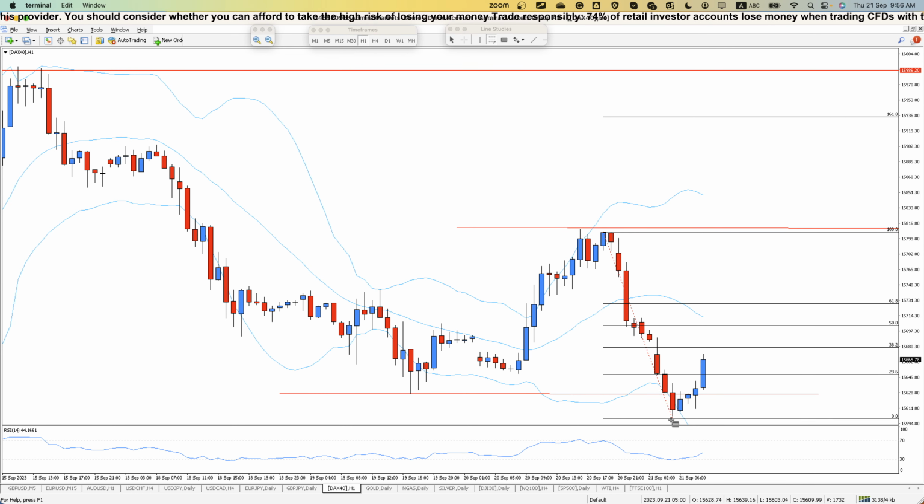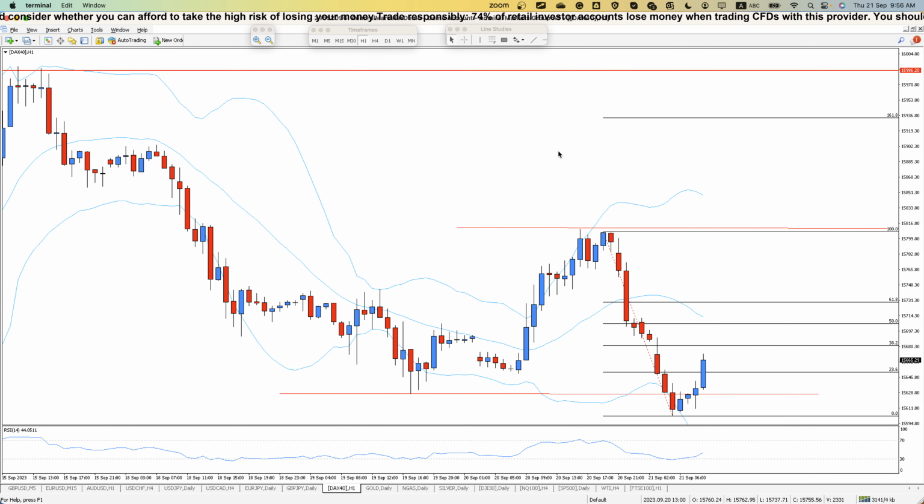I would like to draw a FIB to see the 50% and 61.8%. So 50% is somewhere here, and 61 is there, to be used on the 5-minute chart.